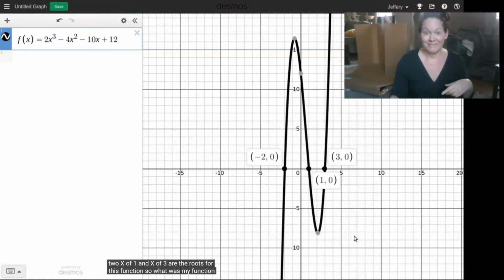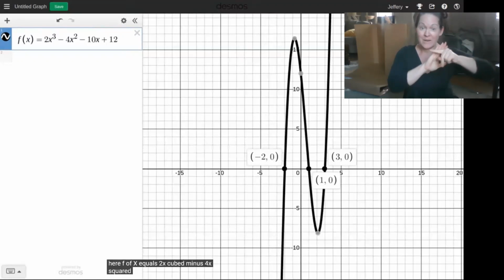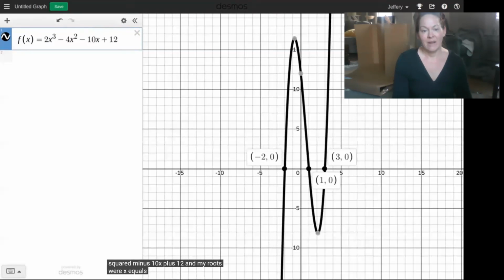So what was my function here? I had f of x equals 2x cubed minus 4x squared minus 10x plus 12, and my roots were x equals negative 1, x equals 2, and x equals 3.